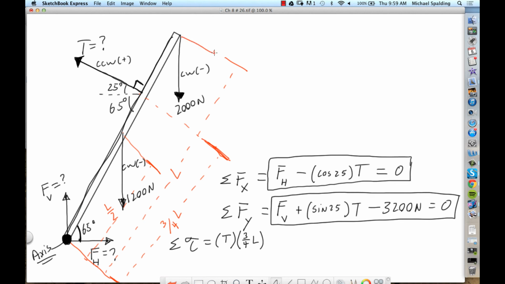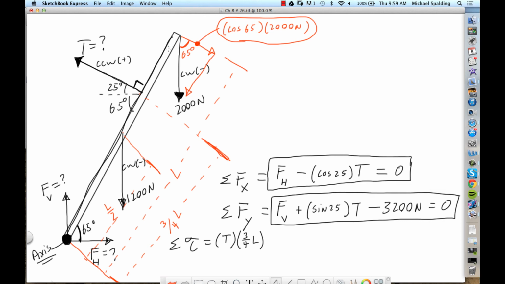Go boom, boom, and then what would this guy be right here? So we need an angle here. So this angle in here is going to be what? 65. Just do geometry. So this is going to be cosine 65 times 2,000, right?